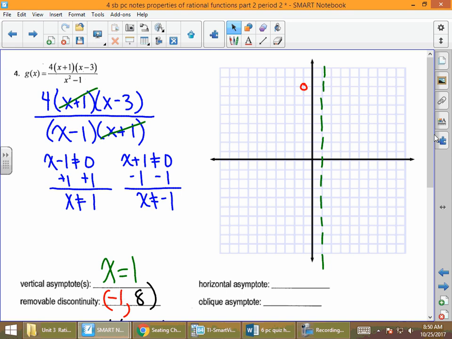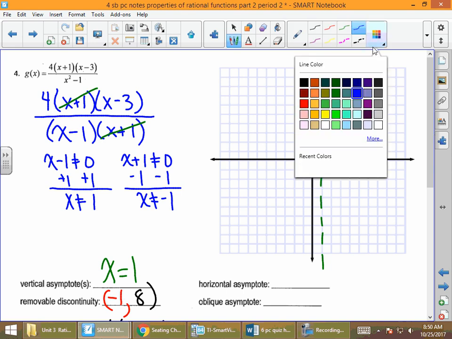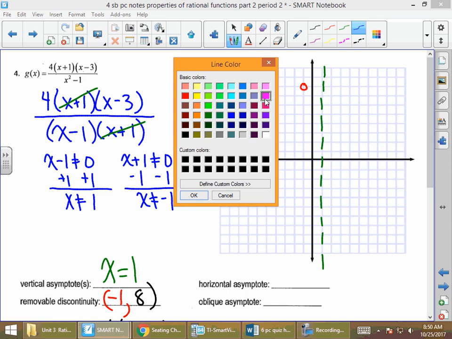But maybe the next part is the hardest part. We need to determine whether we have a horizontal or an oblique asymptote. And in this particular problem, the nice part is that the numerator is factored. But what we need to know is, what is the degree on the top of this function?